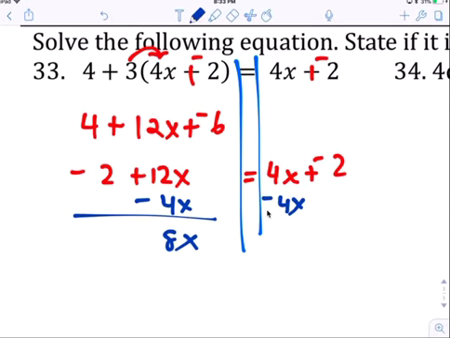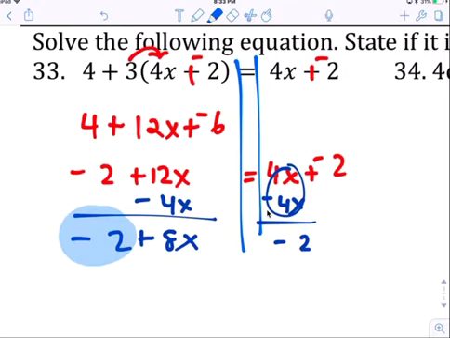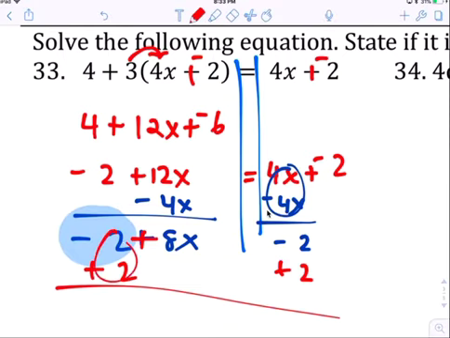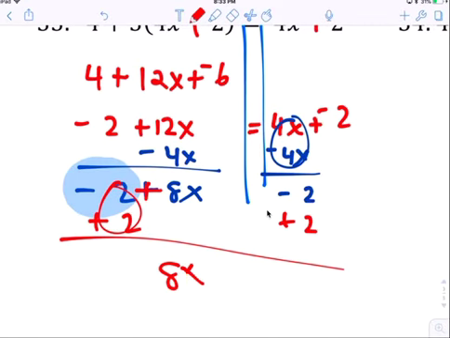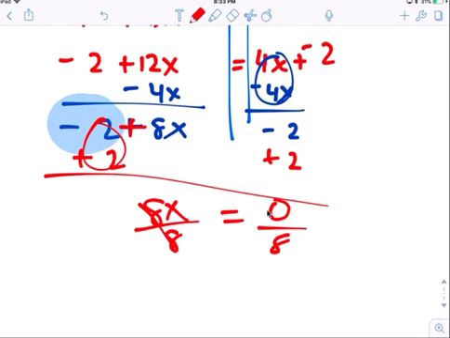It's 8x. That's 0 plus negative 2 is negative 2. Make this negative 2 equal to 0 because it's right next to the plus sign. Add 2. 0 plus 8x is 8x. Negative 2 plus 2 is 0. You always divide last.